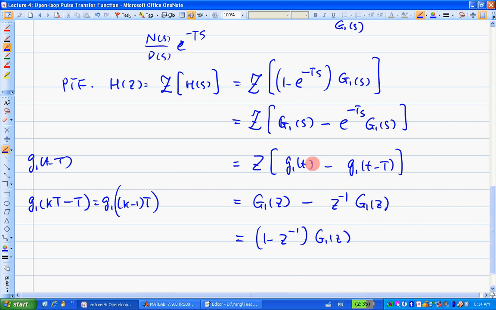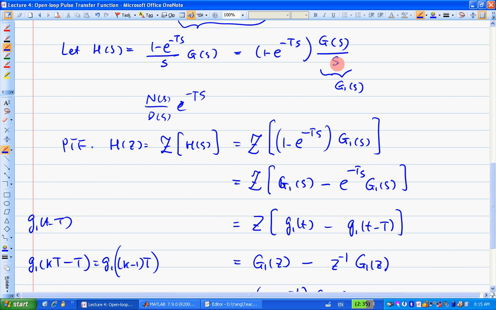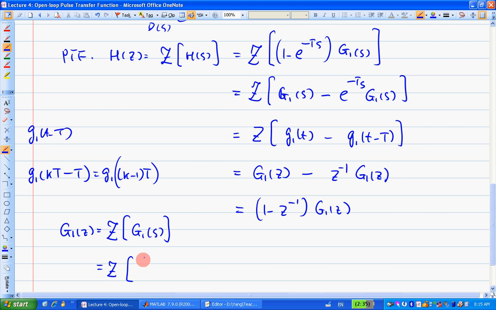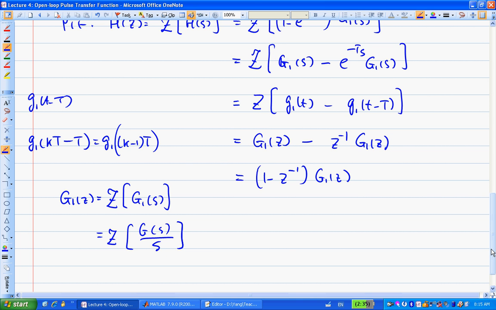G1 of Z is the Z transform of G1 of S, and G1 of S is what we defined temporarily: G of S over S. So overall, I can now rewrite my H of Z. H of Z equals (Z minus 1) over Z, multiplied by G1 of Z, which is this quantity here, the Z transform of G of S over S. That's it. That's the pulse transfer function.